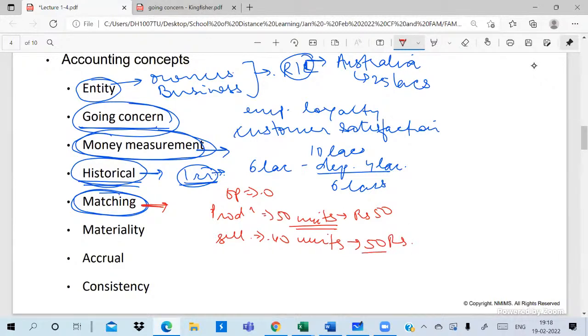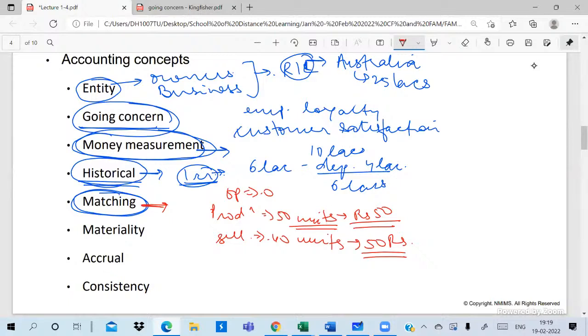Can I compare 50 rupees of income with the 50 rupees of expense and say that my profit is zero? Or that's not the right way of doing it? So can I show and say that this year I made zero profit because my expense was 50, my income is also 50, so it's zero.